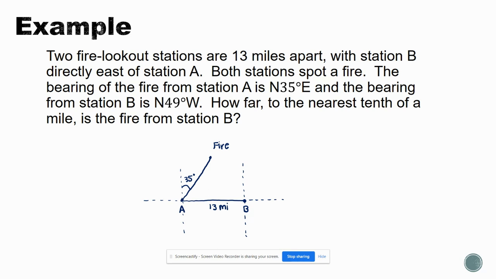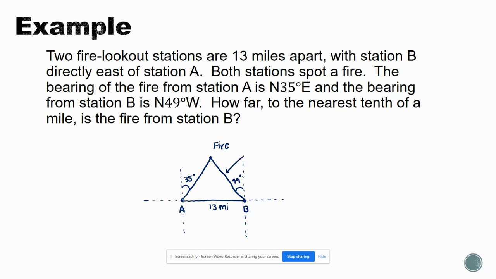Northwest means up and to the left, so that makes sense with my picture that the fire is up and to the left of B. Because 49 degrees is the bearing, that once again has to be formed with the north-south line, so that angle is outside of the triangle. Now we're trying to figure out, to the nearest tenth of a mile, how far the fire is from station B. So my goal is to figure out what this length is right here.